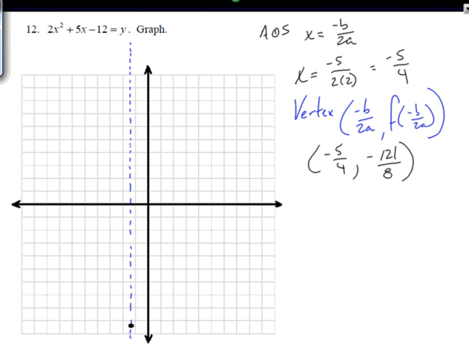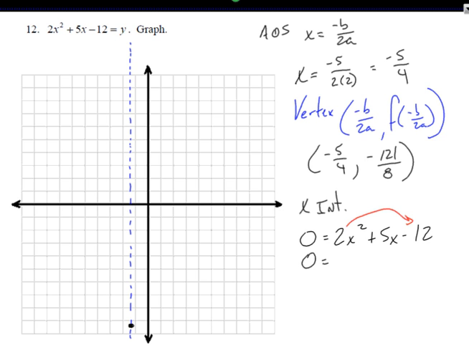Next, to find my x-intercepts, we set our equation equal to 0. 2x squared plus 5x minus 12. Using my rainbow method here, I'm going to have 0 equal to x squared plus 5x minus 24. So this 0 is equal to x plus 8, x minus 3. And then divide both of these by 2.